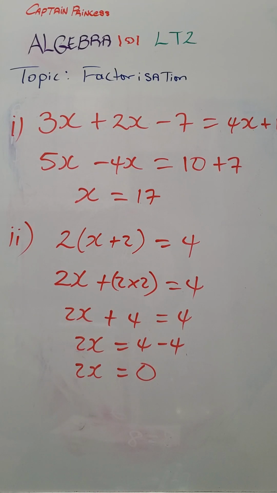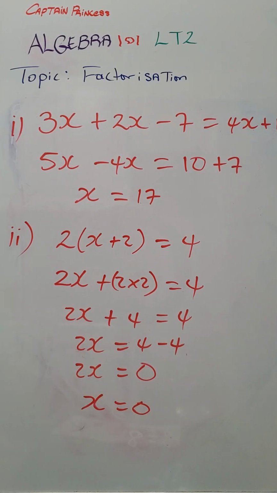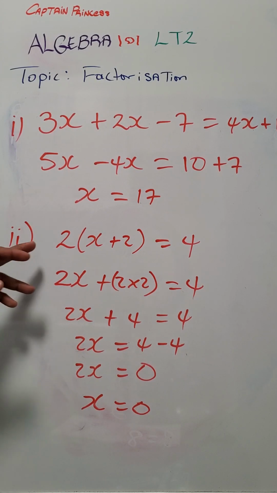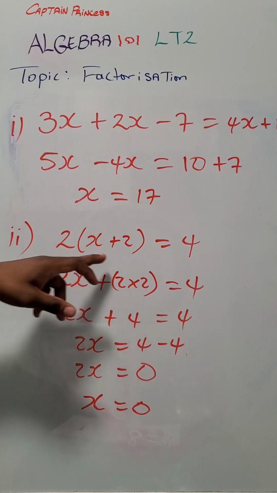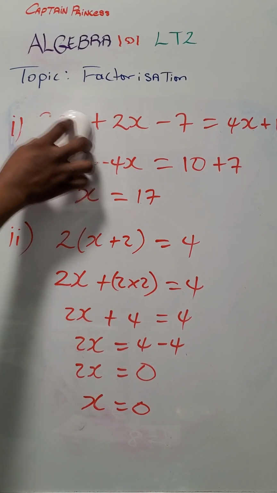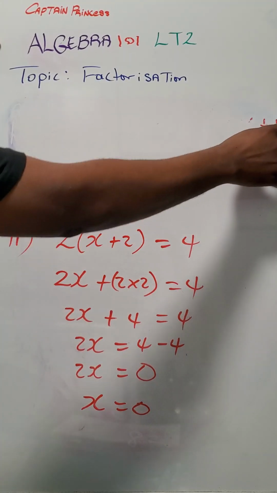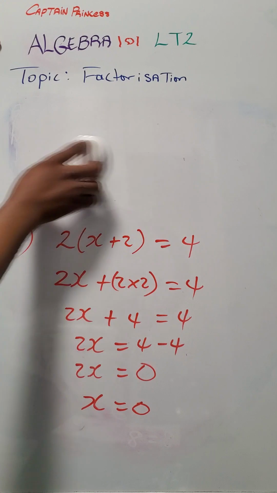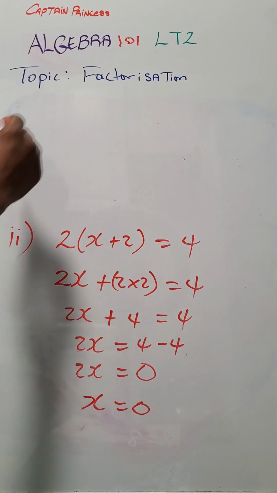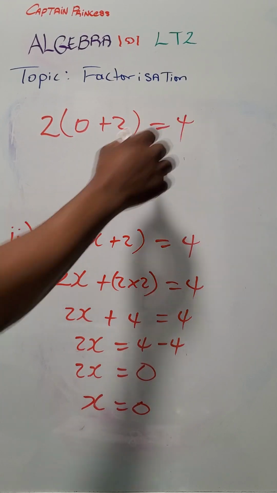This doesn't mean that you don't have a solution. It simply means that the solution is 0 for x, which is the variable. Remember, you're solving for x. Just because you get x equals 0, that doesn't mean that this equation is wrong. Because look at it. If you put the value x equals 0 inside the original equation, 2 open bracket x plus 2 equal 4, you will get 2 open bracket 0 plus 2 equal 4.